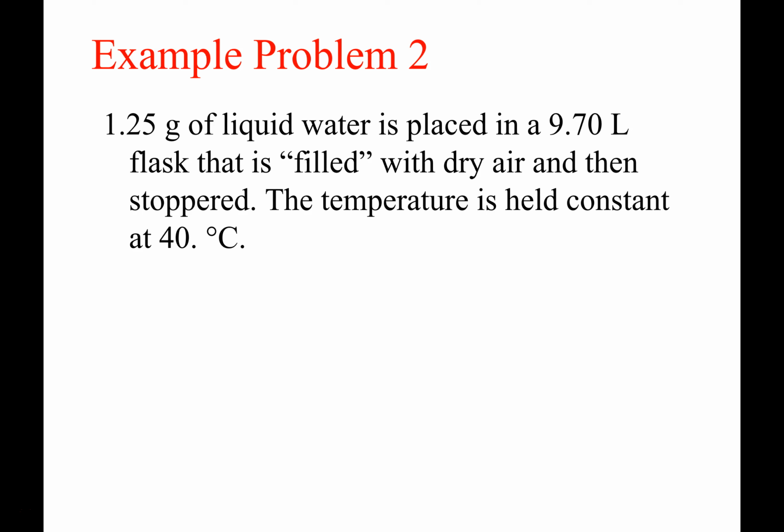The volume is not 5.35, the volume is 9.70 liters. Temperature is warmer. And don't forget, as we've talked about in Chem 1, that's not a mistake: when we put the decimal there after the 40, that gives you 2 sig figs.